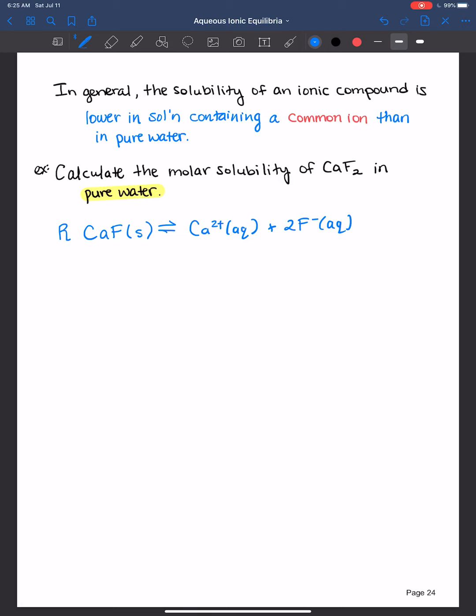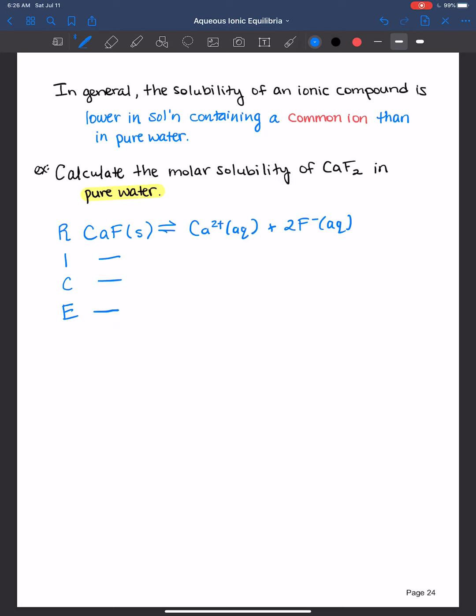We're using an ICE table because this particular solubility is in equilibrium. It doesn't go completely forward as sodium chloride would in a lot of cases, right? So we don't include solids or liquids, so that's why I'm marking those out there.